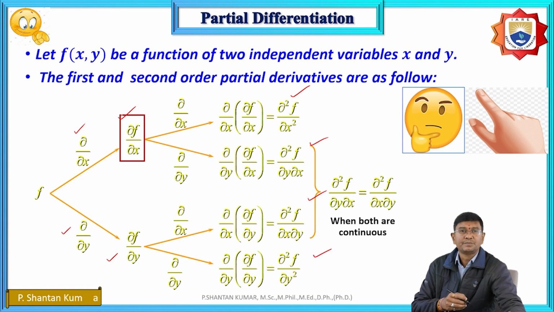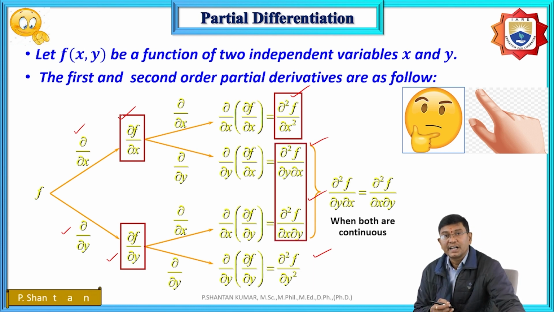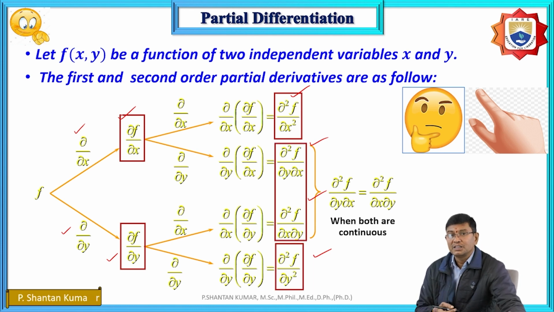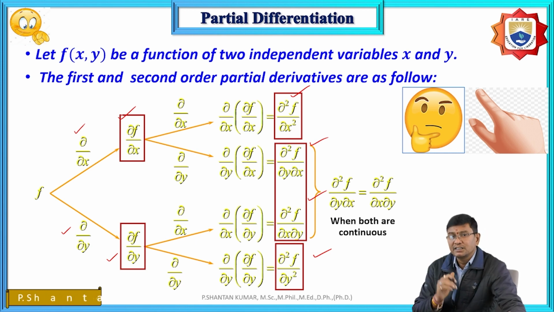The first one is first order and the second is also first order. On the right side, the second order ones are dou square f by dou x square, dou square f by dou x dou y, and further dou square f by dou y square. The left side ones are first derivatives, first order, and the others are second order.